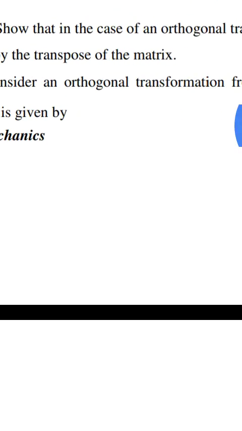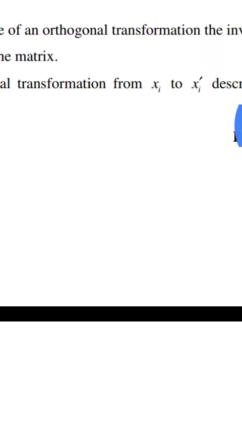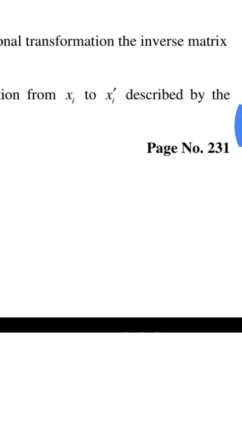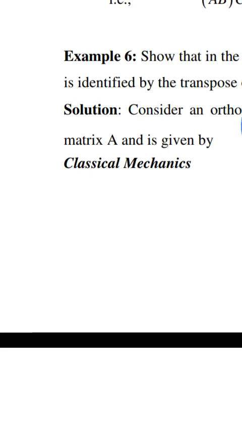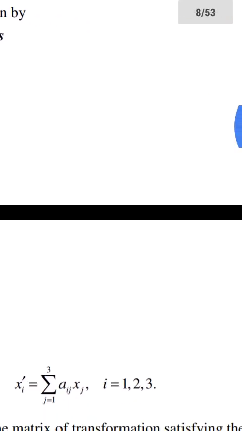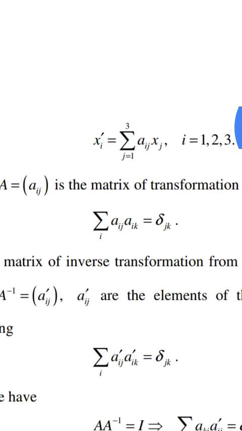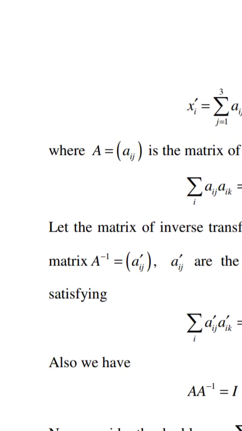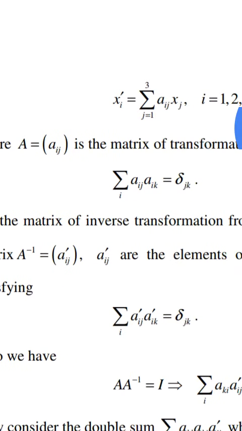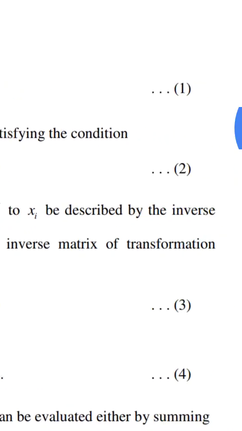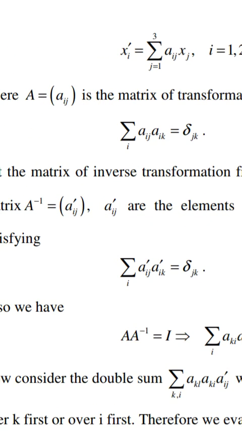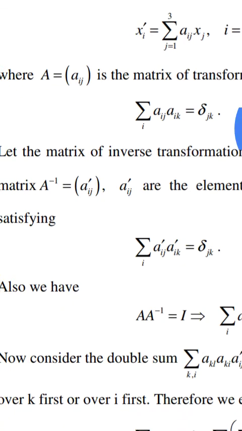Solution: consider an orthogonal transformation from xi to xi dash described by the matrix A and is given by xi dash is equal to the summation of Aij xj, j is equal to 1 to 3, i is equal to 1 to 3, where A is the matrix of the transformation satisfying the condition summation of Aij, Aik is equal to delta jk.